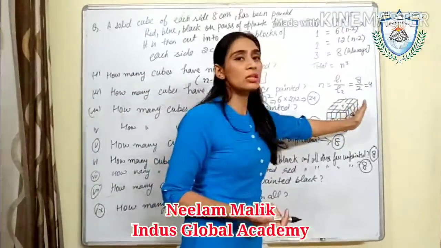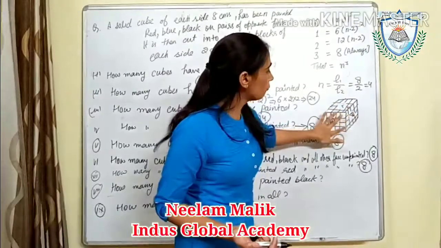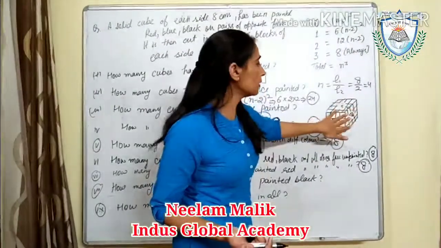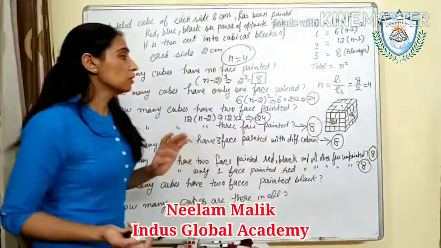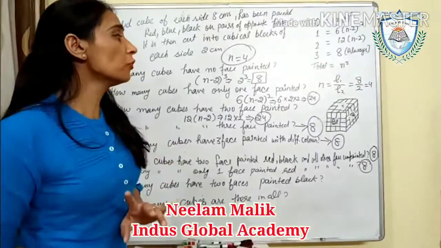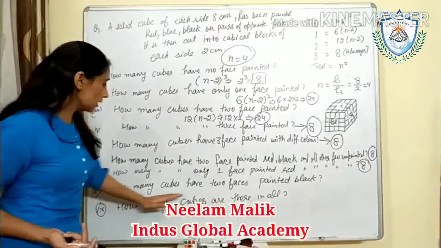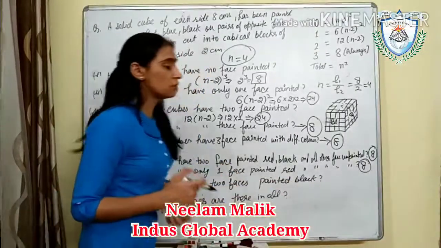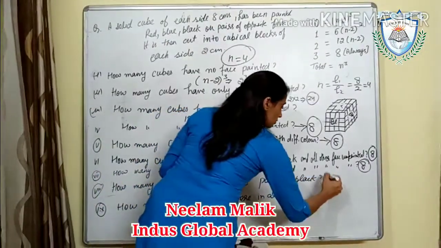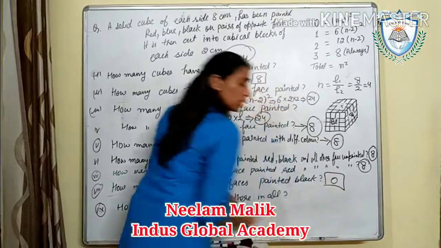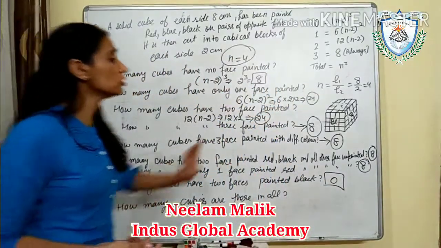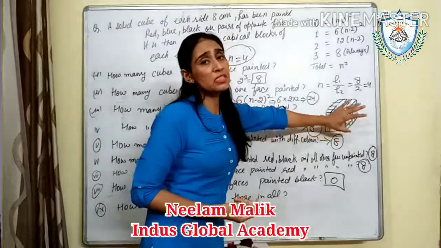So only one face with black color is possible, but cubes with two faces that should be black is not possible. Answer is 0, because opposite faces are black.